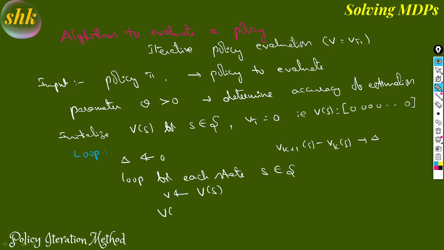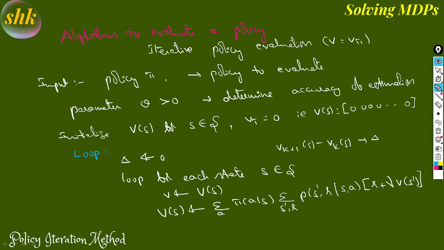Then we update the new value function V of S with the Bellman equation, which is the sum over all actions of the probability of action A in state S, multiplied with the summation over S dash, R of the probability of changing to state S dash with reward R from state S with action A, multiplied with the reward R plus the discount factor gamma into V of S dash.